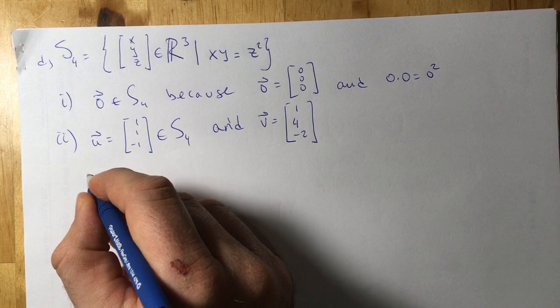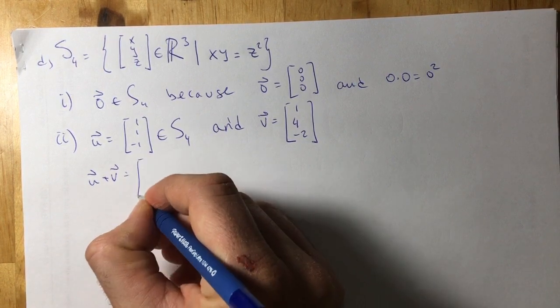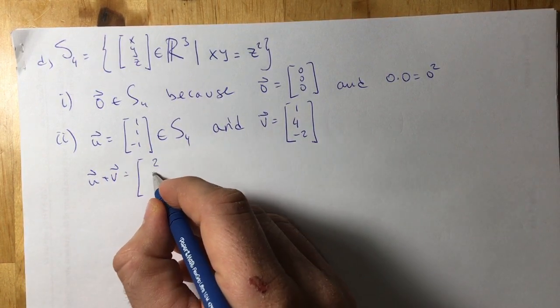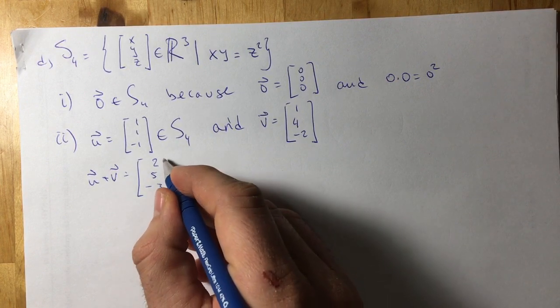Okay, in that case, u plus v. So add these two vectors. This is 2, 5, and negative 3.